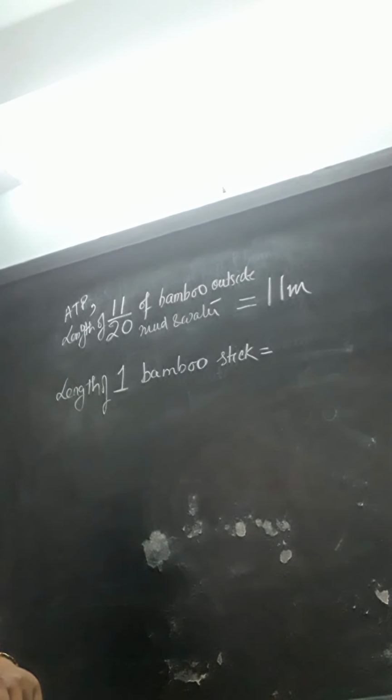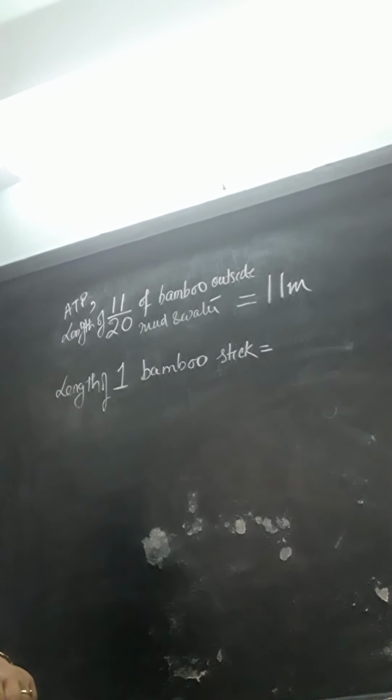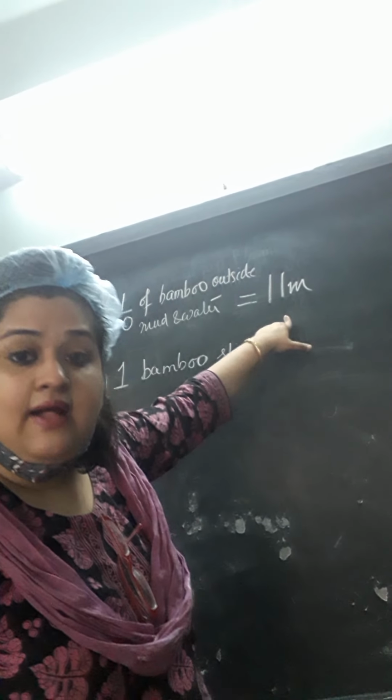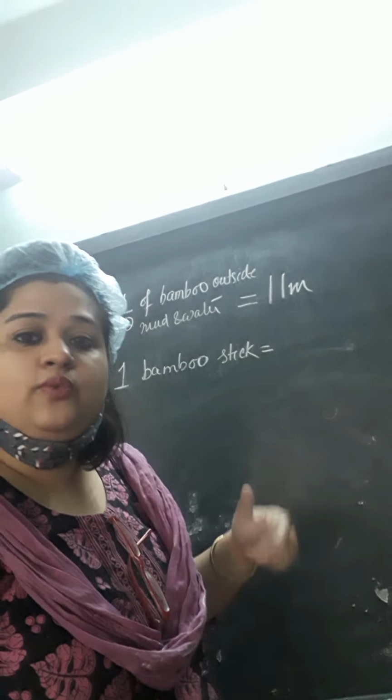It will definitely be more, because the fractional number we know is less, and the entire is always more than that. So 11 by 20, that is a fraction, only a part of the bamboo stick, measures 11 meters. The entire bamboo stick will always measure more than that.